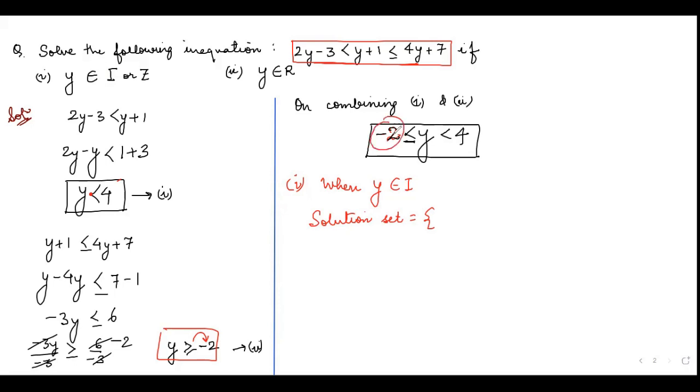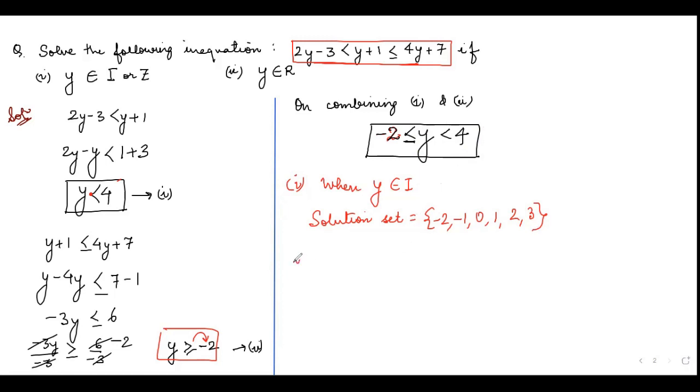So it starts with -2, -2 will be included because y is not only greater than -2 but also equal to -2, see there is an equal to sign, so y is greater than or equal to -2, so -2, now greater than -2, the next value is -1, then 0, the next integer is 1, 2, 3, 4 we will not take because we have to take till less than 4, y should be less than 4, तो हम यहाँ 4 नहीं लेंगे. अगर यहाँ पे भी equal to होता, less than equal to 4 होता तो मैं 4 को भी लेता, I will not be able to take 4, so our solution set is -2, -1, 0, 1, 2 and 3, these are the integers.